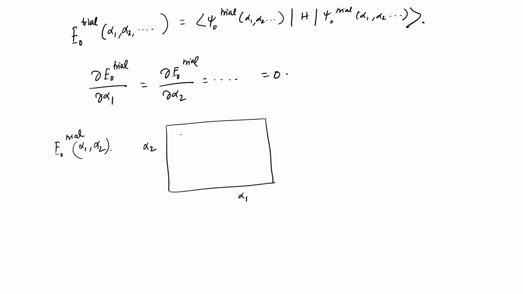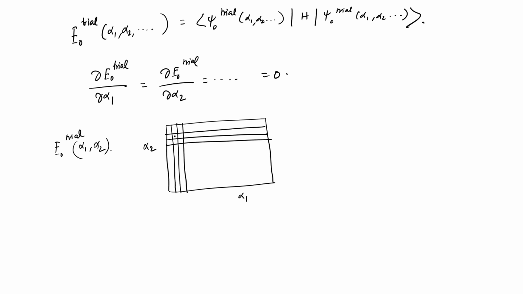Okay. That is a very difficult task, because then you have to make grids here, and calculate these E0 trial values at each point, either at the corner of the grid or at the center of the grid, and so on, and see where this energy is minimum. So, this is a huge computational task, and you need to make these grids finer and finer in order to get alpha 1, alpha 2 values that really minimize E0 trial.